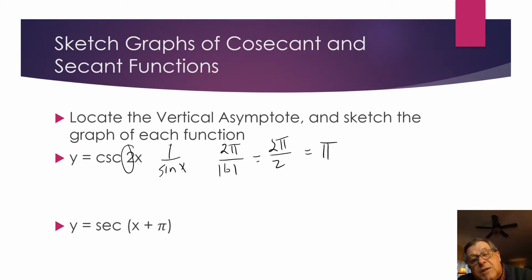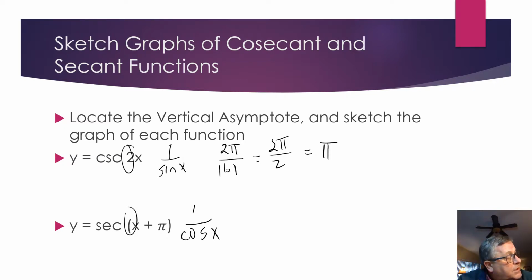Now, the secant function is the reciprocal of the cosine. So it's 1 over the cosine of x. And again, the period would be 2 pi. In this case, our period is going to remain 2 pi because we just have 1x, but we do see a horizontal translation.